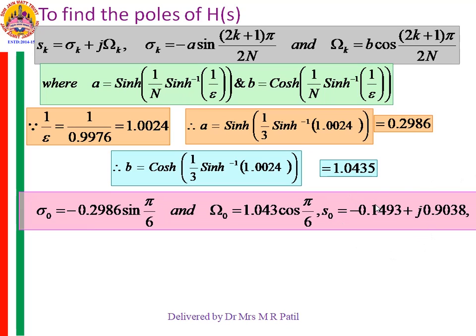And for omega 0, cos pi by 6, and you multiply with whatever value you have got, 1 or 0.99, or 0.95 if you have got that, you can substitute 0.95 here. You will get a little bit of variation in the pole location.